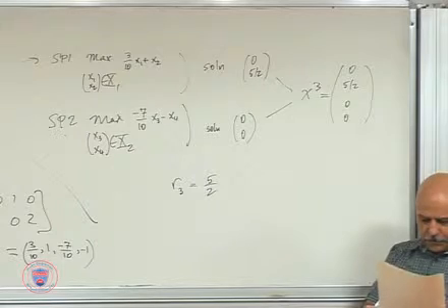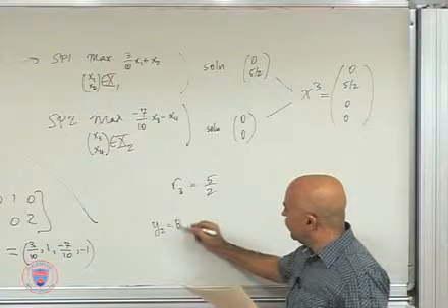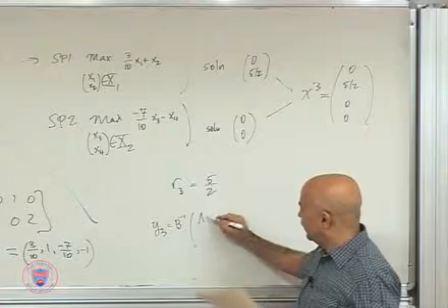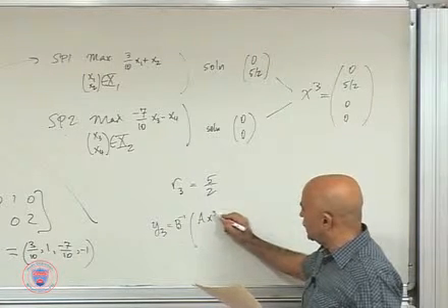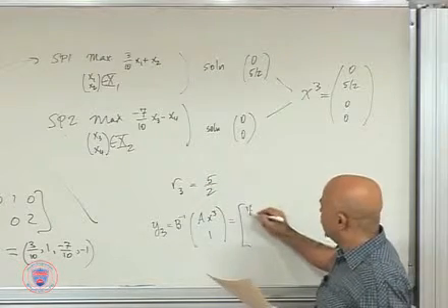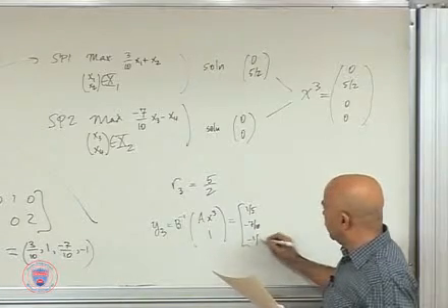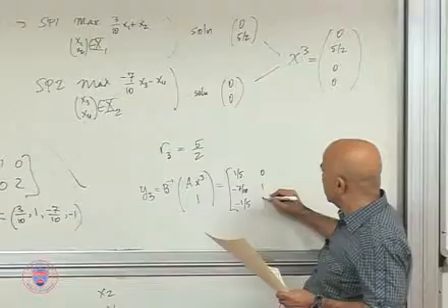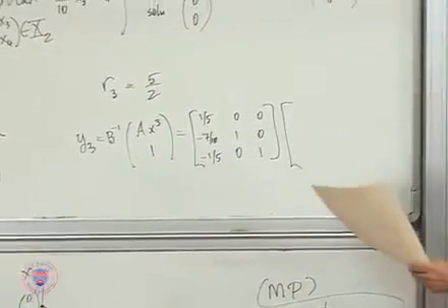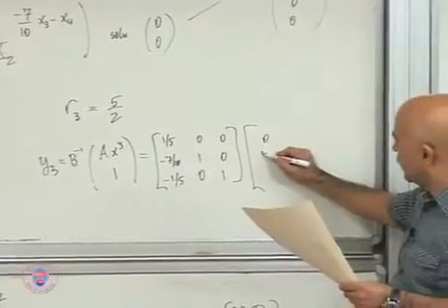Okay. Now I need y3, which is B inverse times AX3 and 1. B inverse is what you see up there, 1/5, minus 7/10, minus 1/5, 0, 1, 0, 0, 0, 1 times AX3. Well, you can compute AX3. It turns out 0 and 5/2.